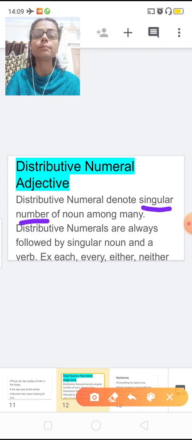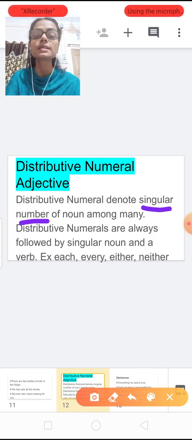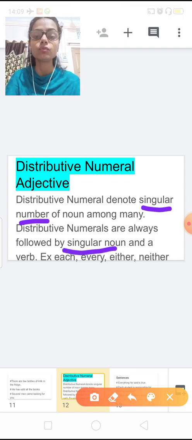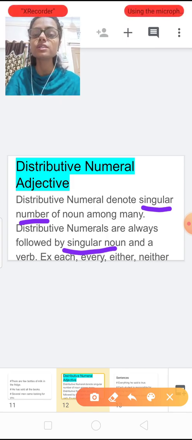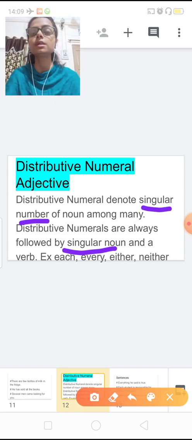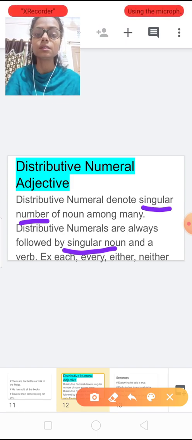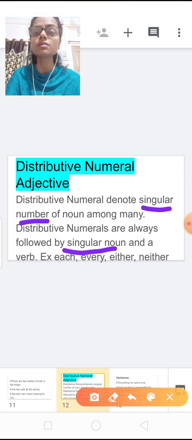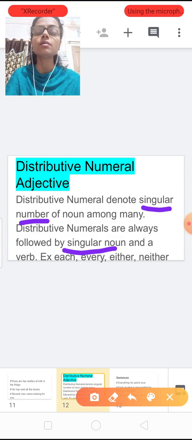Distributive numerals are always followed by a singular noun. Always remember, distributive adjective is always followed by singular noun. Everybody knows, no? Singular noun like boy, girl, man, cat, dog. Singular noun means one person, and a verb.